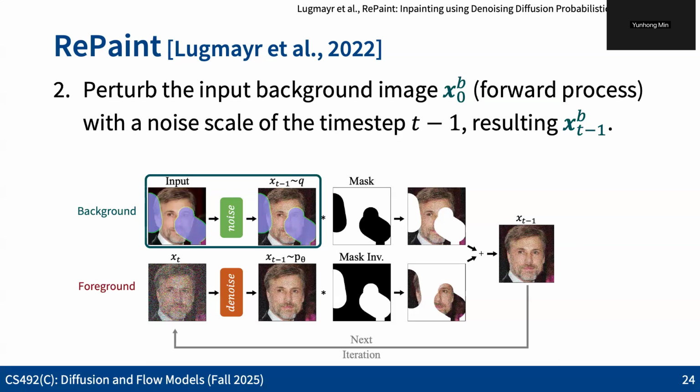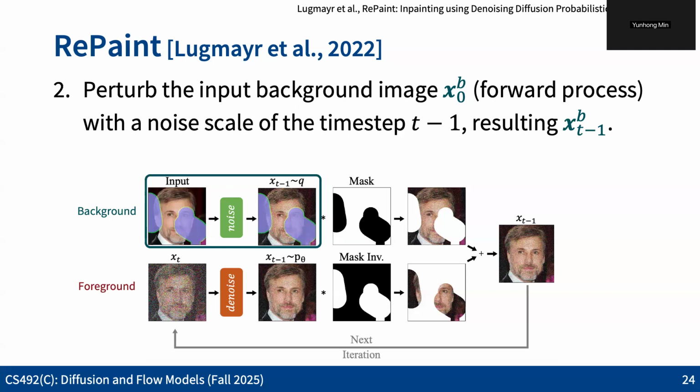So this one has information about the input, the background region here, because we performed the forward process. And this is the output from the purely reverse process, the generative process. And what we do is that we combine these two. For the foreground region, obviously we take the information here, and for the background region, we take the information here.